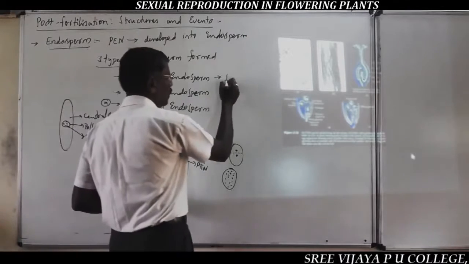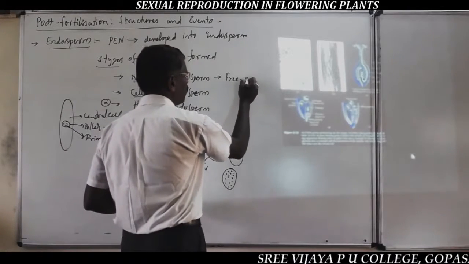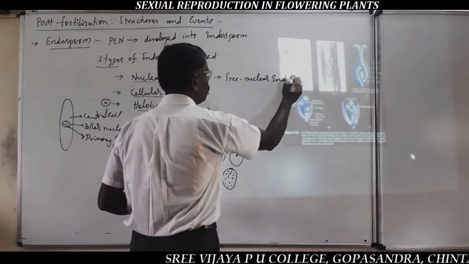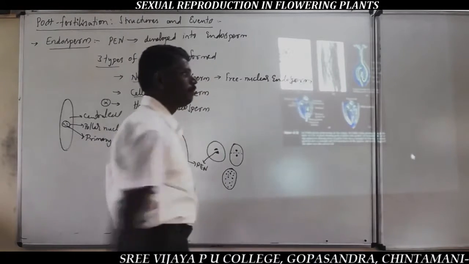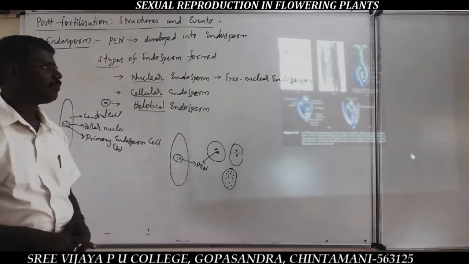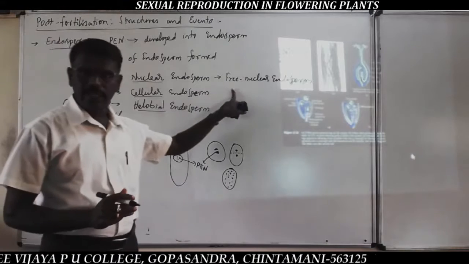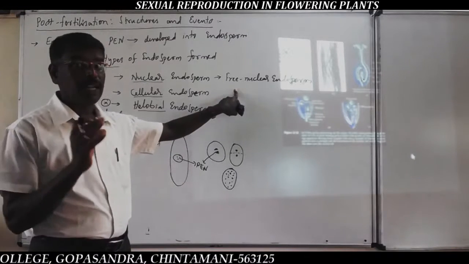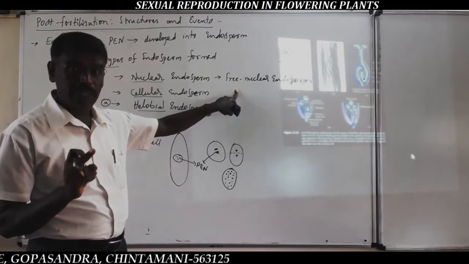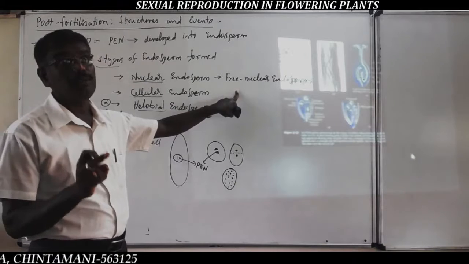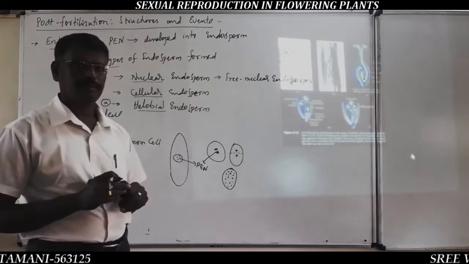It is also called free nuclear endosperm. We can also call it free nuclear endosperm. The free nuclear endosperm is the primary endosperm nucleus dividing without cross walls, giving a number of nuclei.